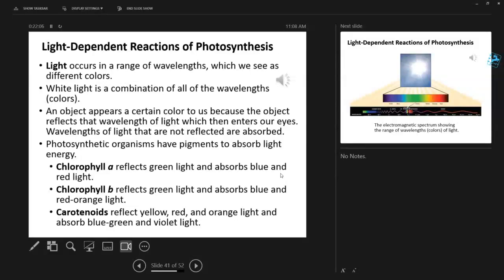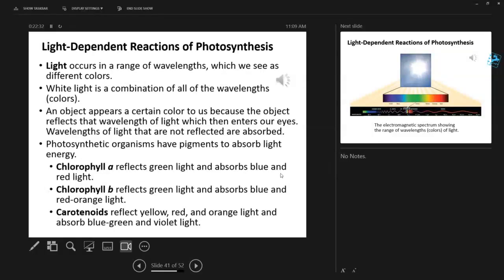And so in the fall, when the leaves are turning color, they're not really turning color. It's just that chlorophyll A and B break down. They're less stable molecules than the carotenoids. So the green chlorophyll goes away, and then what's left is the carotenoids. The carotenoids were there all the time.